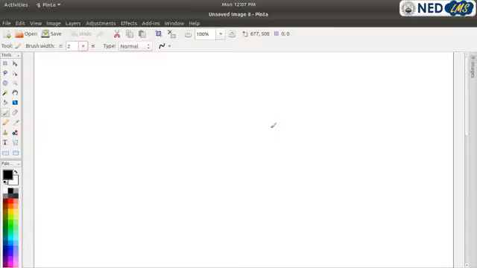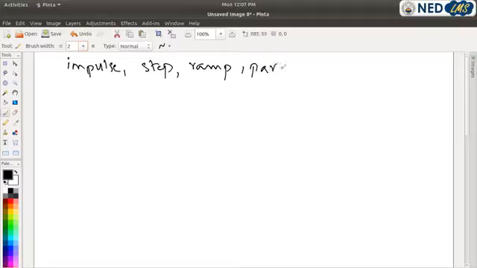The designer uses standard test inputs. These test inputs are impulse, step, ramp, parabolas, and sinusoids.